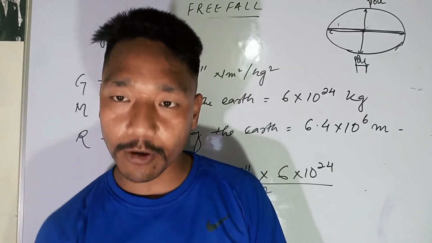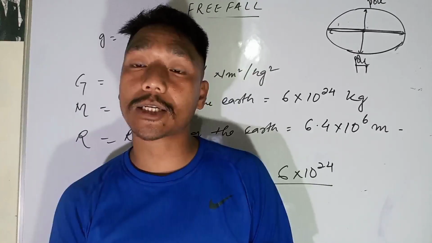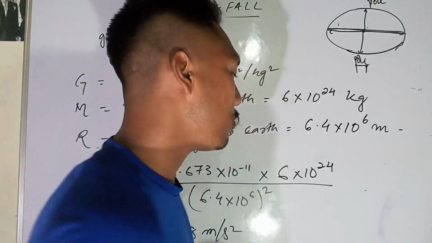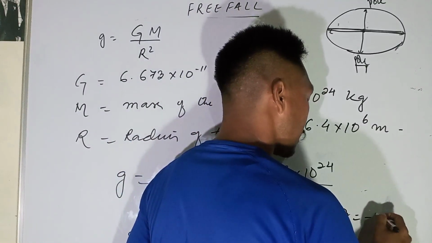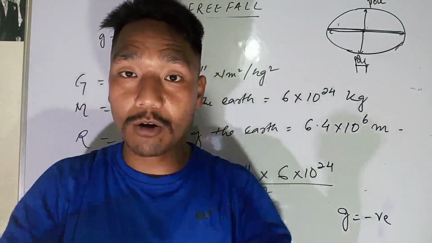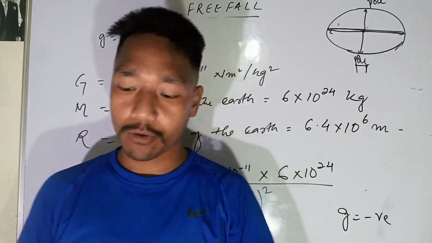If the object is going from bottom to top, moving up in the sky, the acceleration due to gravity is still acting on it, so the value of g is considered negative. We will only consider the acceleration of the Earth. So this is all about the chapter.